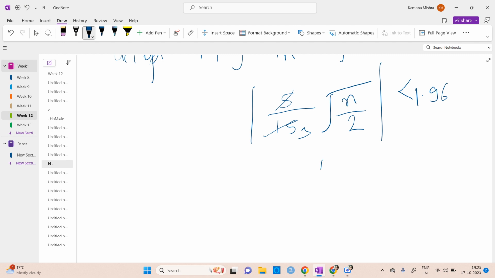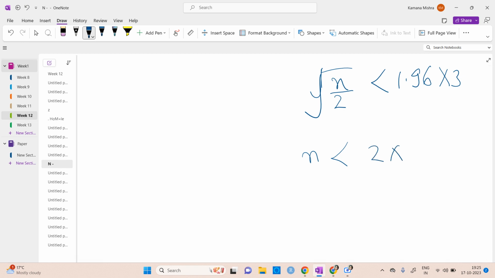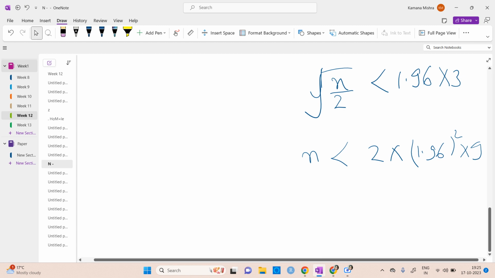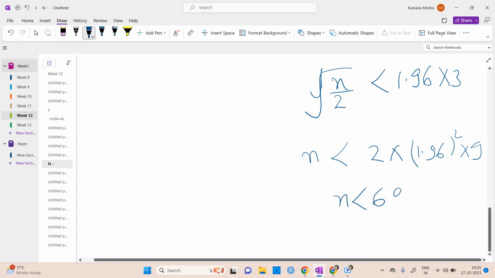So 1 under root n by 2 would be less than 1.96 times 3, and n would be less than 2 times 1.96 squared times 9, right? So ultimately it would be 18 times 1.96 squared, and n is less than 69.148, right?